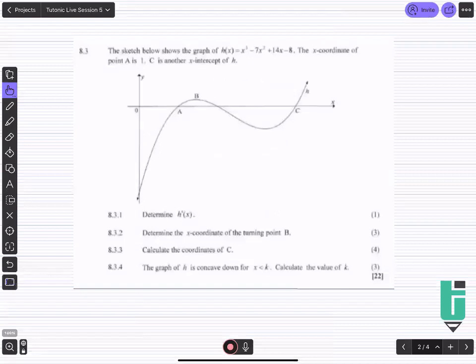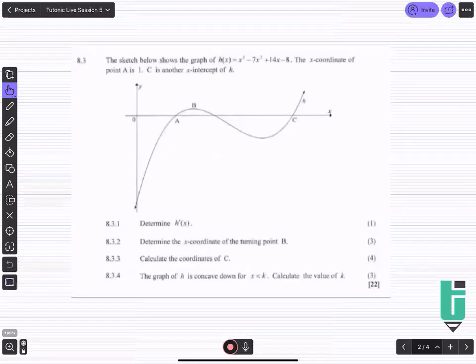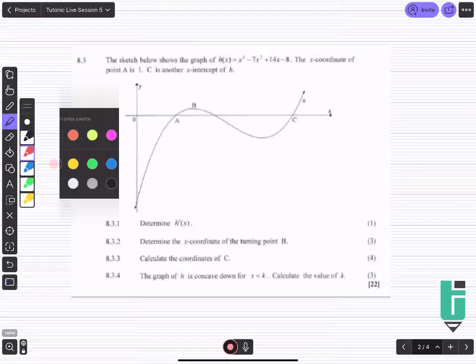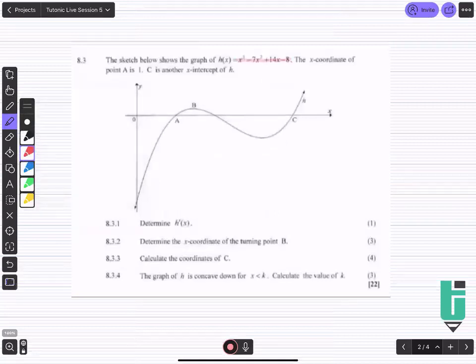Great. You can see that without the equation and with the equation. Because if you had the equation, you would see a cubic. But if you didn't, you would also see it's a cubic graph. The x-coordinate of A is at 1, right? So they see that there. This is at 1. And C is another x-intercept. Great. What's the derivative of this one?